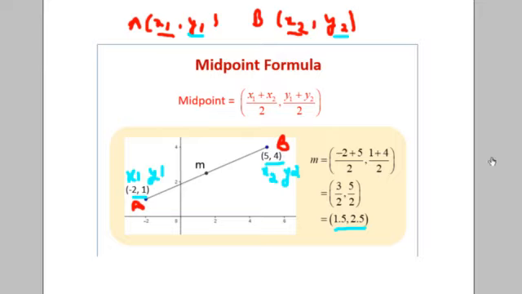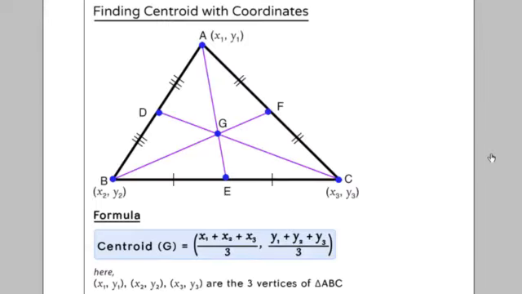Similarly, another application of the section formula is to find the centroid of a given triangle. The centroid is the intersection of the line segments which bisect the sides of a triangle. Here, AE bisects the side BC of the triangle into two equal halves.